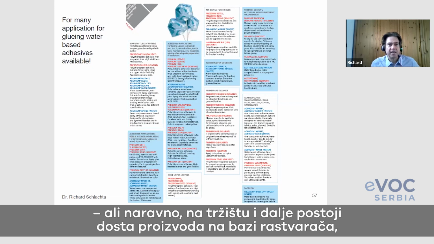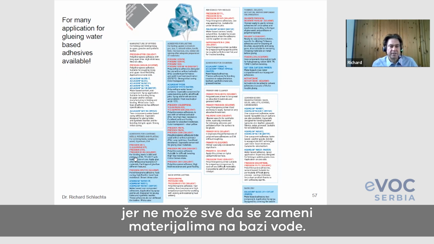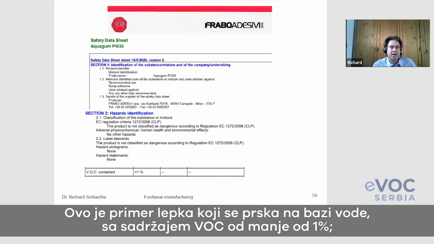But you can see there are still VOC-containing adhesives, of course, on the market, because for product reasons, not all can be substituted by water-based materials. Here's an example of a water-based material as a spray adhesive. You see VOC content less than 1%.